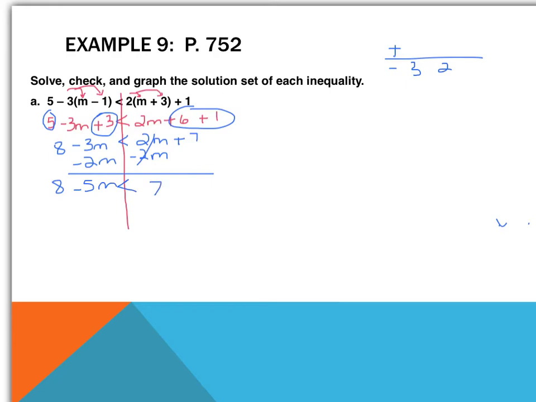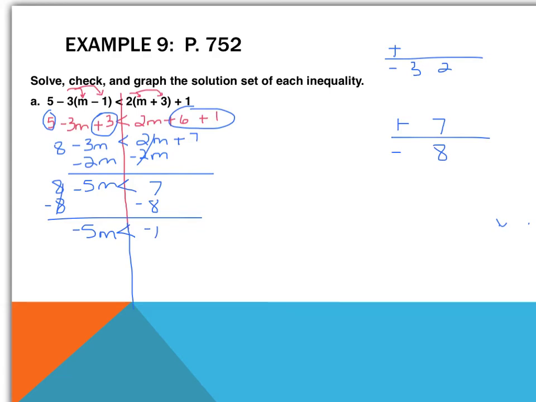So now we need the 5m by itself, so we're going to cancel the 8 by subtracting it. Negative 5m is less than 7 minus 8. 7 is a positive, 8 is a negative because you're subtracting. So 7 minus 8 will subtract them, and that gives me negative 1.